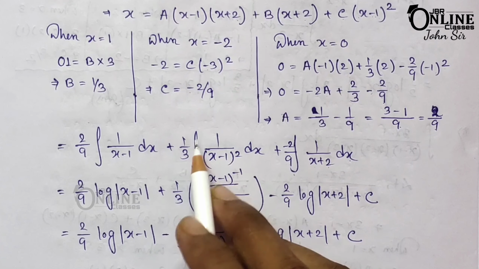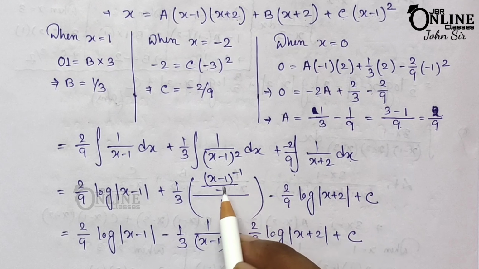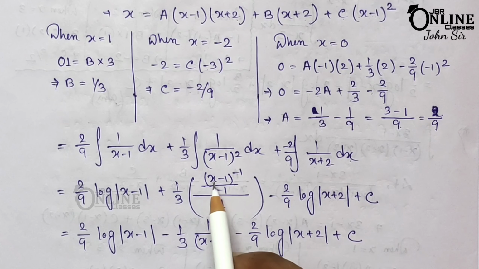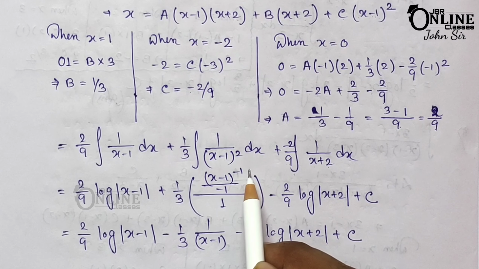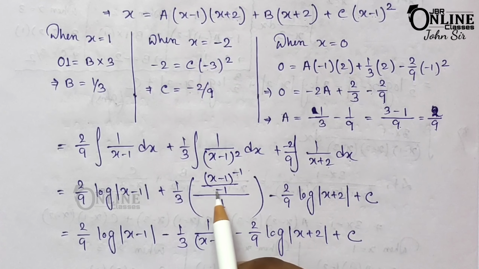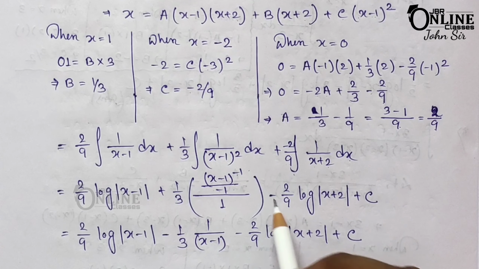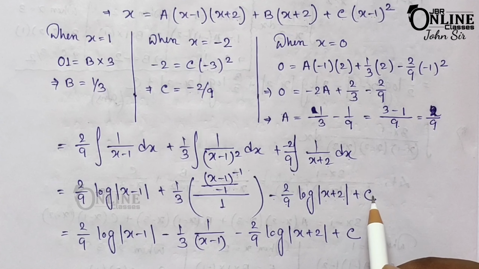So here you can apply the integration x to the power n formula. I hope you know that it will be x to the power n plus 1 by n plus 1. So here x minus 1 whole to the power minus 2 plus 1, that becomes minus 1, and by minus 1. Here minus 2 by 9 log mod x plus 2 plus c.